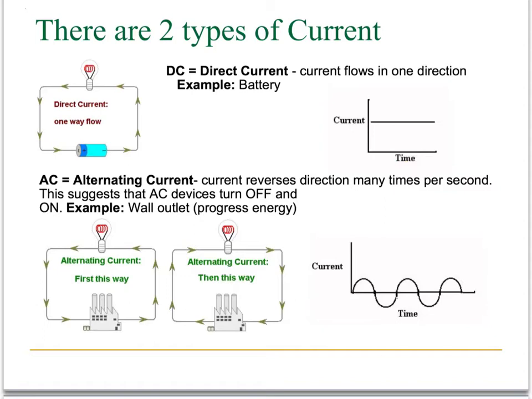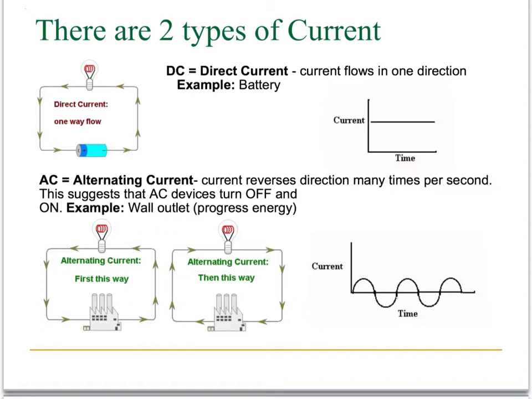Our second type of current is AC, which is alternating current. This means the current reverses direction many times per second. This suggests that AC devices turn off and on. An example of this is a wall outlet.